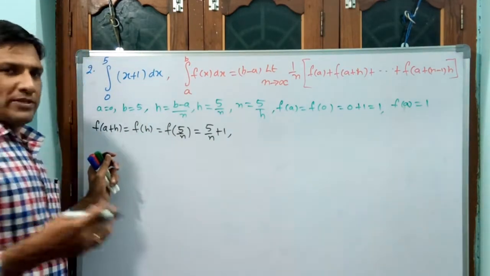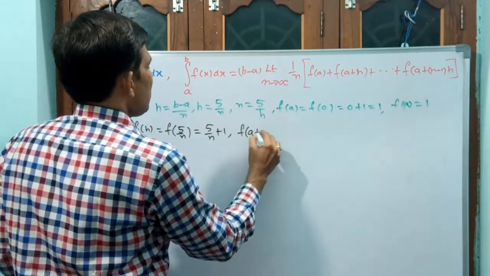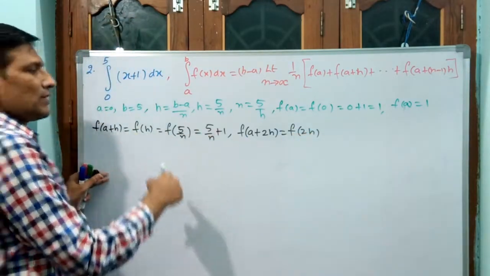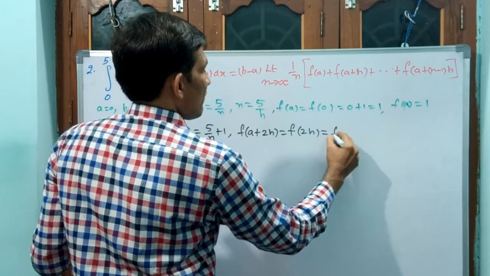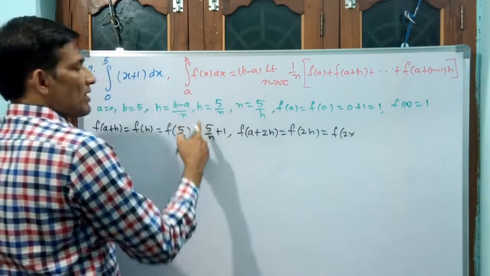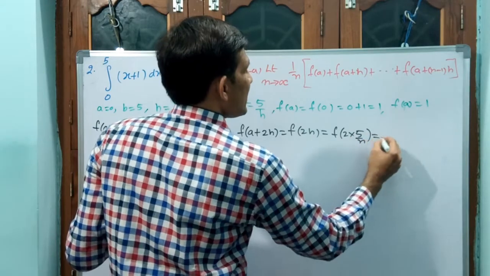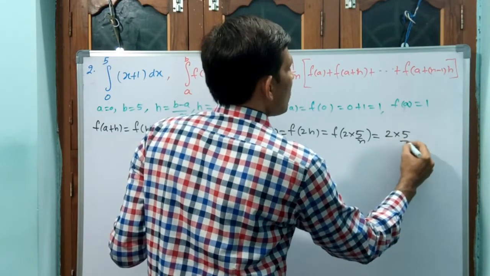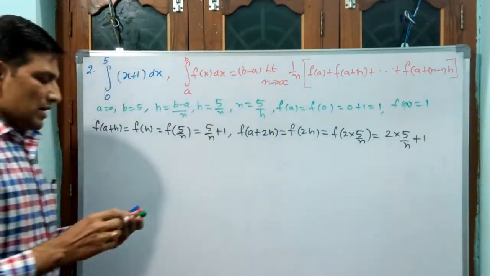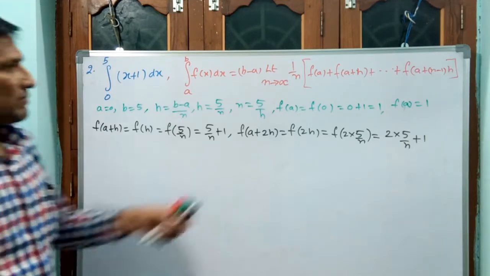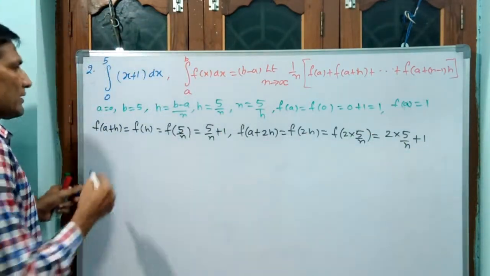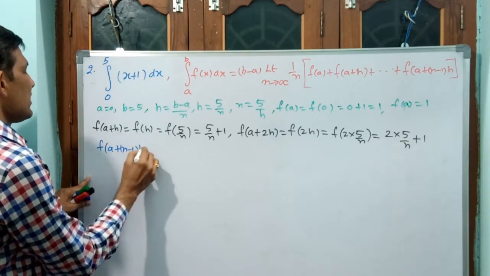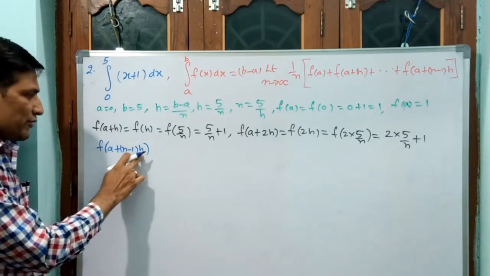And we will take f of a plus 2h also. F of a plus 2h is equal to f of 2h, because a is 0. F of 2h is f of 2 into h, and h is 5 by n, so that is equal to 2 into 5 by n plus 1. One more you have to write, the last one: f of a plus n minus 1 into h. The logic is that n minus 1 into h you have to add to a.